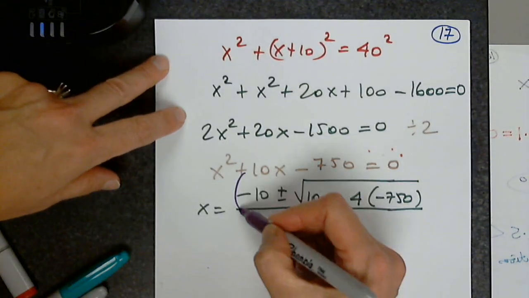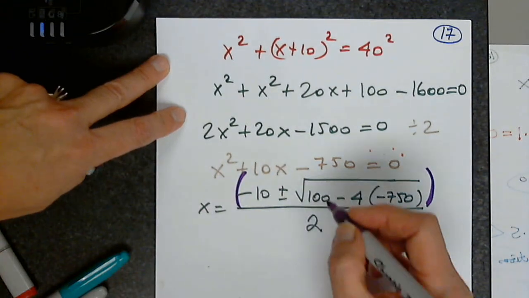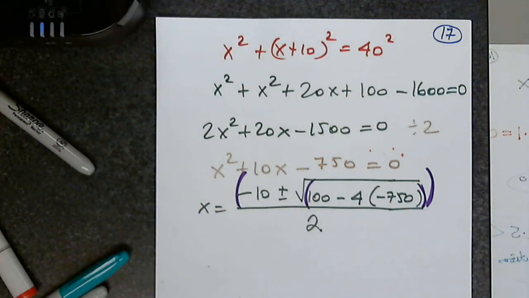We need parentheses here for the top, and we need parentheses here. Some of your calculators may be more sophisticated than I know, which is fine, but be very careful with parentheses. So the left parenthesis, and when we start with the negative, you have to use the negative symbol right here, not the operational symbol. Negative 10 plus the square root.